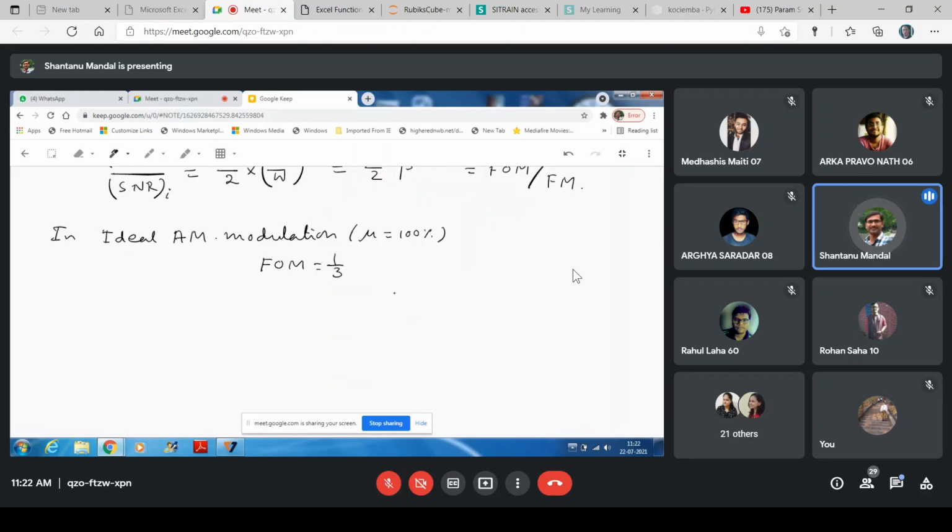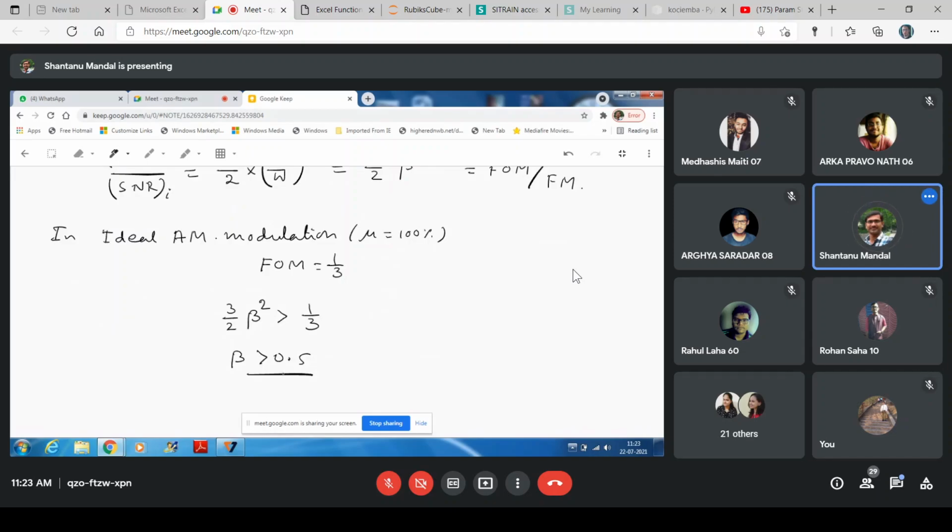Now if we compare this, then you can say that 3 by 2 beta square greater than 1 by 3, so beta greater than 0.25. That is, we have to consider beta equal to 0.25.